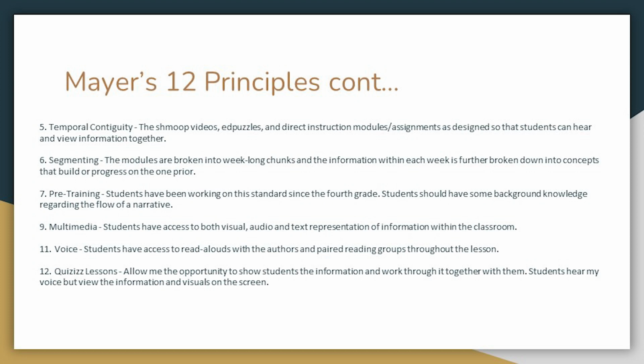They can get on there and have fun with module number 5. As stated previously, with the voice principle, number 11, students have access to the actual authors reading their short stories aloud. This gives students a break from that text to speech, drone on robotic voice. It gives them a face and a voice to match with the story that they're reading.